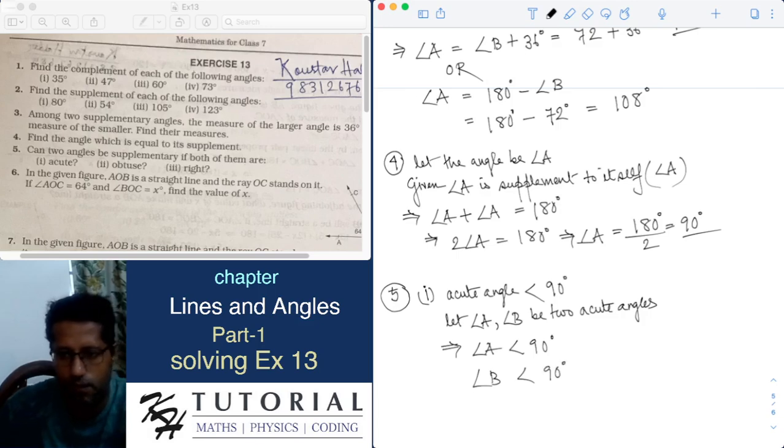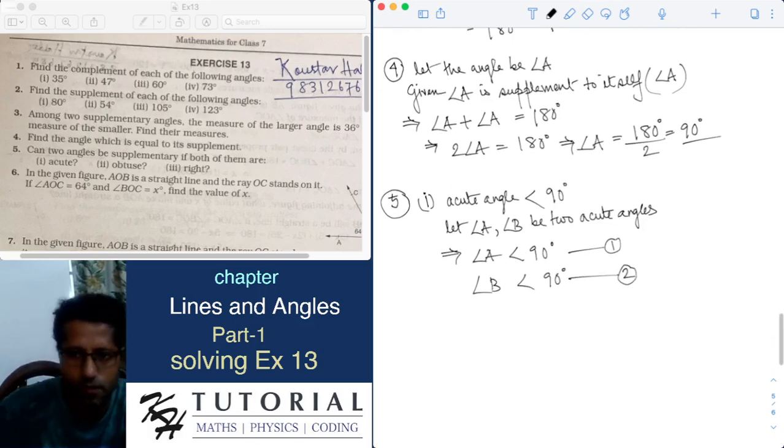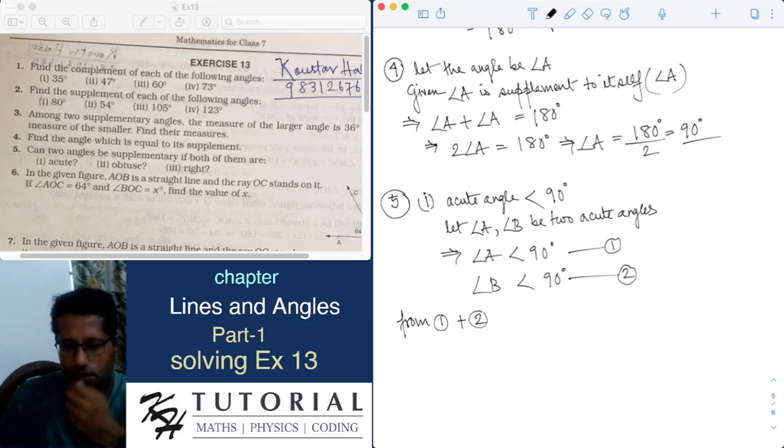If I consider this condition as 1 and this condition as 2, from 1 plus 2, adding these two, this is actually not equality, this is actually an inequality.